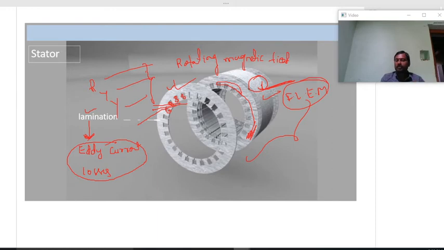slots. So if you use solid material, all the currents will be added and more current will appear in the stator.